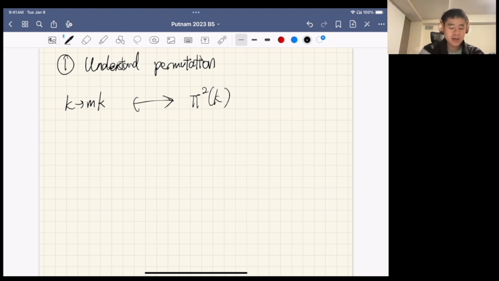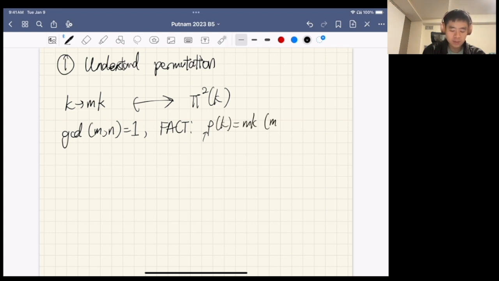So right now we have the fact that GCD of m and n equals 1, and the fact is that say we have a function rho of k equals mk mod n.